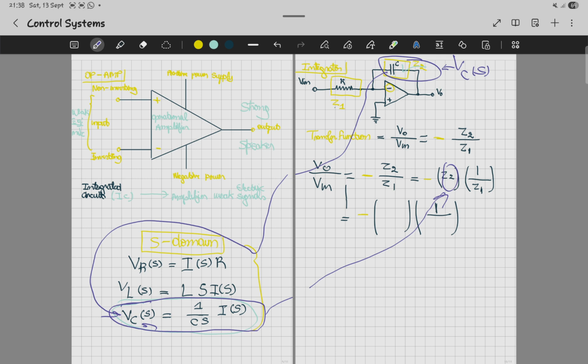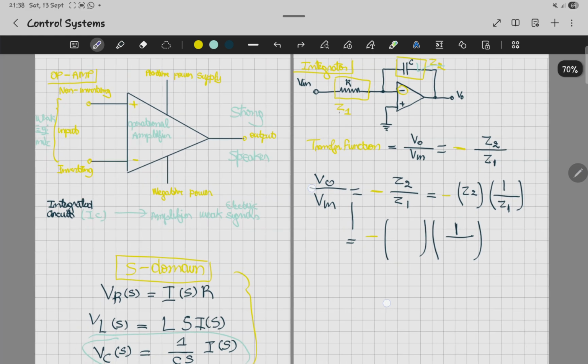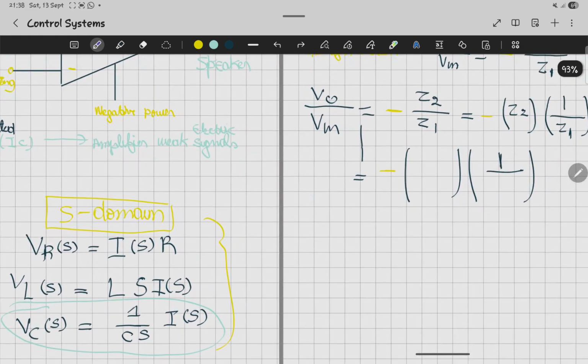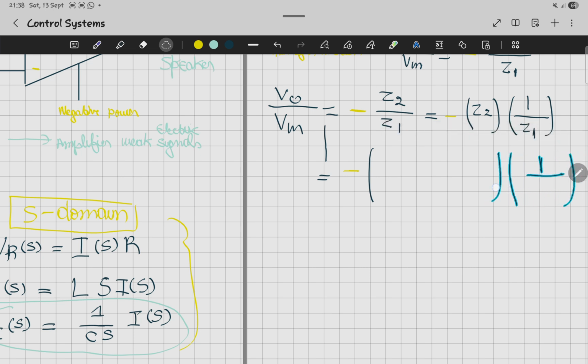So if we replace Z2, you will get something like this. We're going to have the same equation that you see on this side. Let me just make some room. So we're going to have to write it in this way.